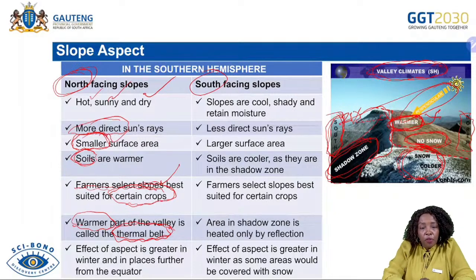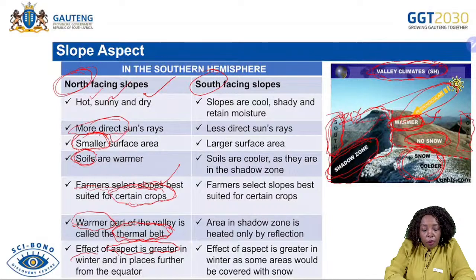And then the effect of aspect is greater in winter. So this is the time where we can emphasize the difference in aspect over the north-facing slope as well as the south-facing slope.